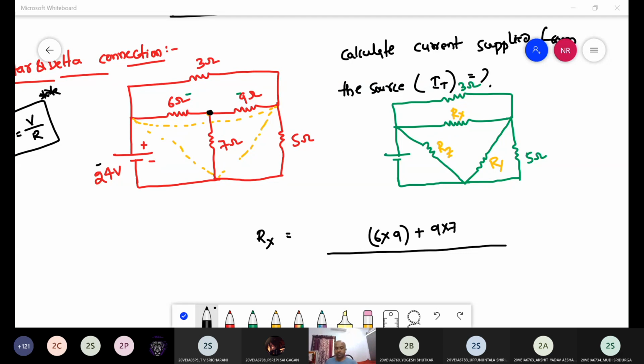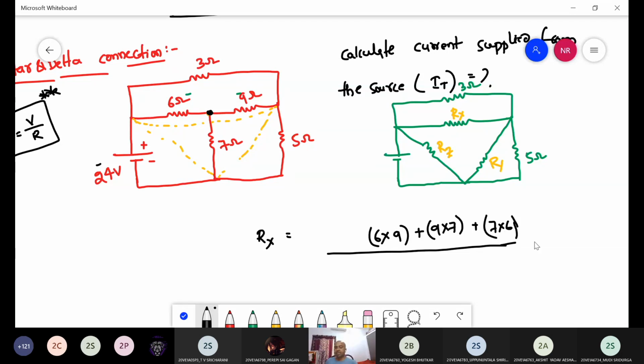Yes, got it. So in the numerator, multiply with each other. That is 6 into 9, 9 into 7, and 7 into 6.